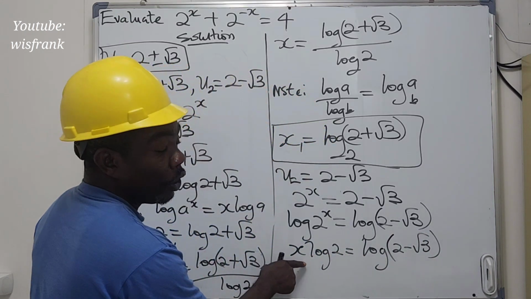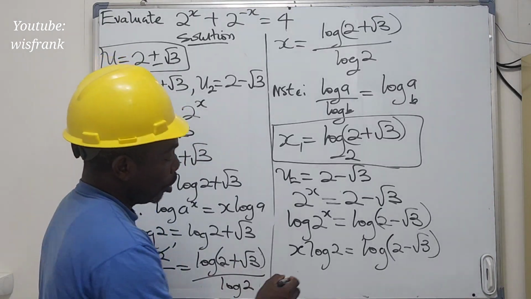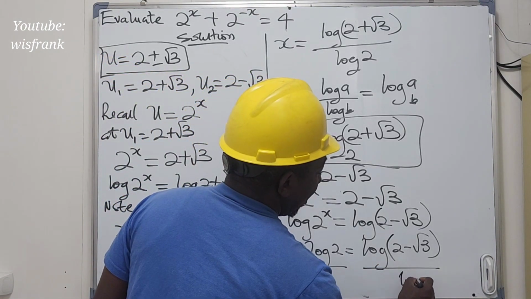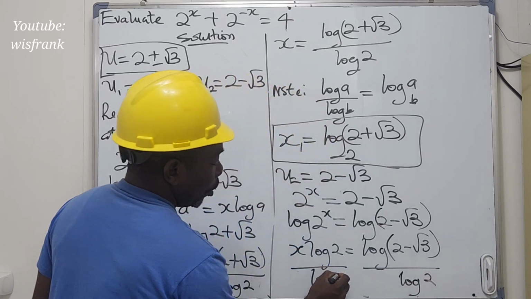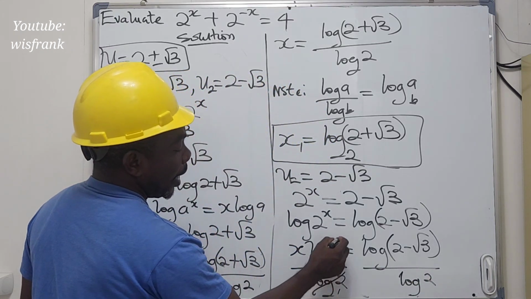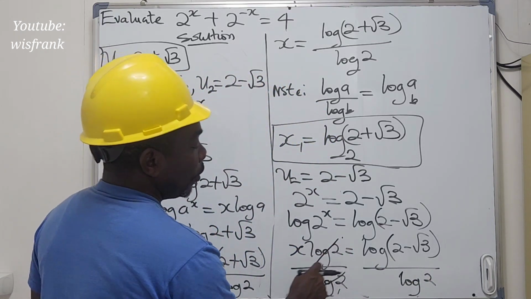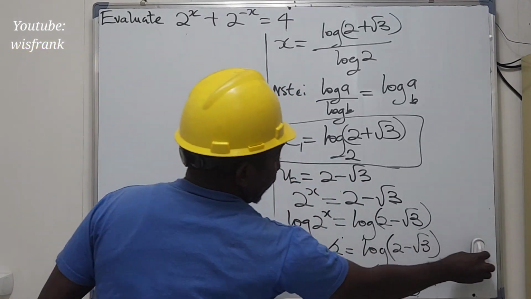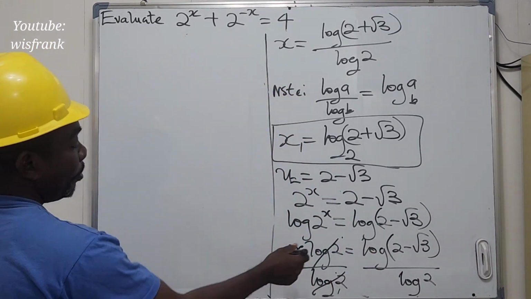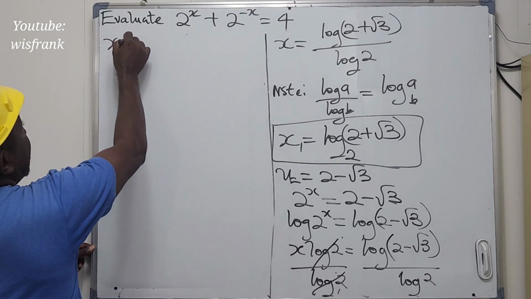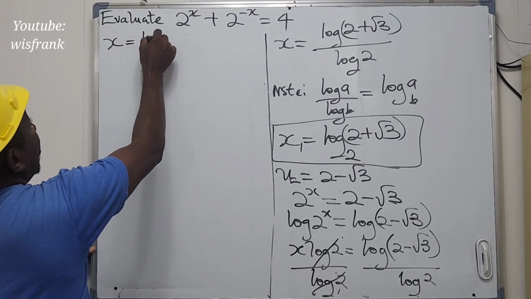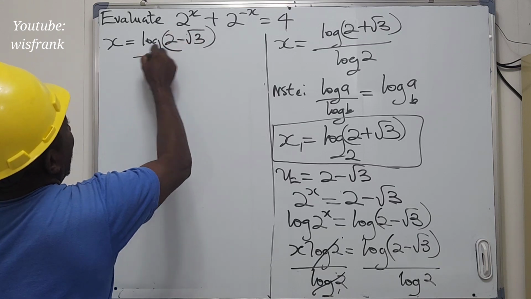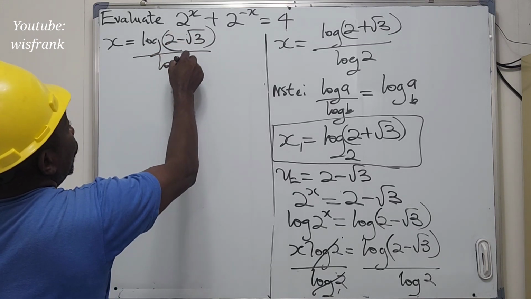So we need to divide both sides by log 2. So this will be divided by log 2 and here will be divided by log 2. Log 2 here will cancel here and log 2 will cancel here. So the value of x from here will become x equals log of 2 minus root 3 all over log 2.